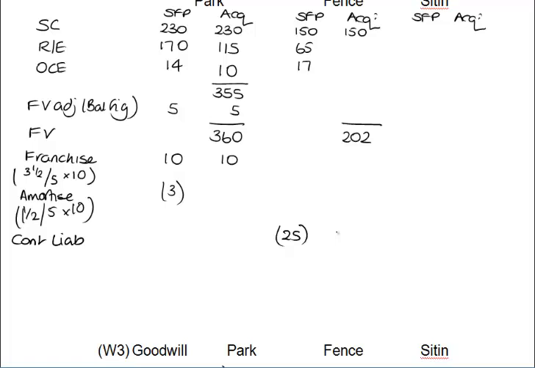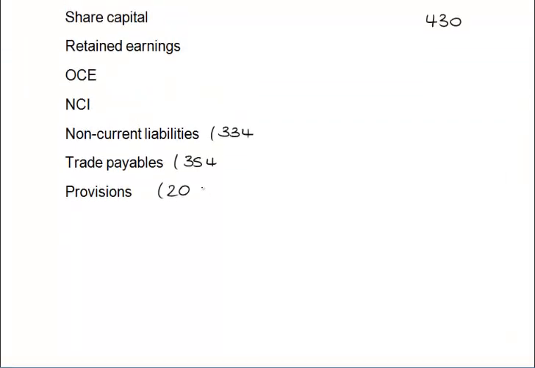If I'm going to put that into my net assets, I also have to put that into my liabilities in the statement of financial position. That's going to go into the provisions. It's satisfied the recognition criteria, so we're going to increase liabilities by 25 million. The accountant of Fence is yet to account for this revised liability. So they've not put that through the accounts, so we have to put that through the accounts.